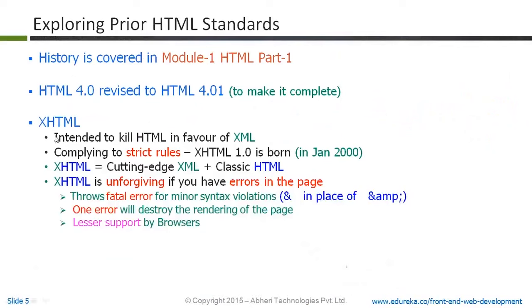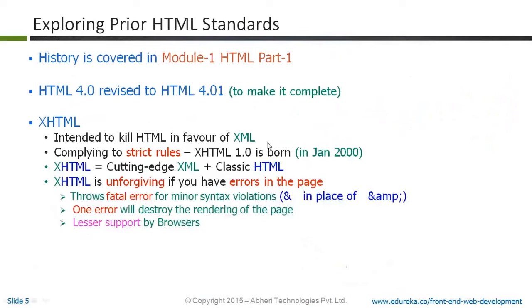You might have heard of what is called XHTML. It's a precursor to HTML5, in the sense that when the WHATWG working group started working on the HTML5 standard that we see today, the W3 Consortium in parallel started working on XHTML.